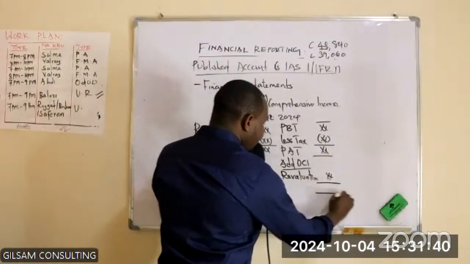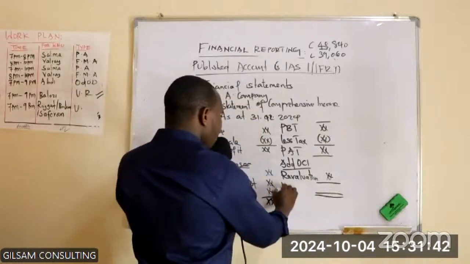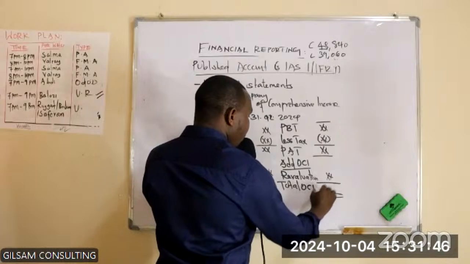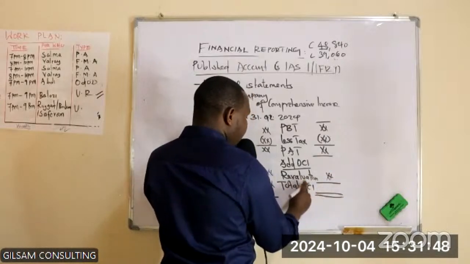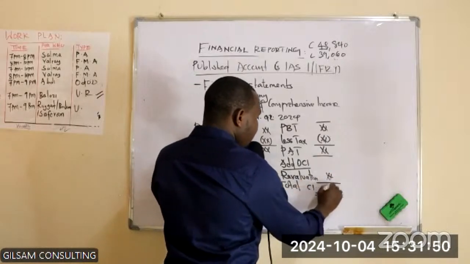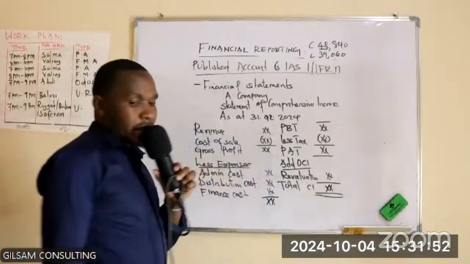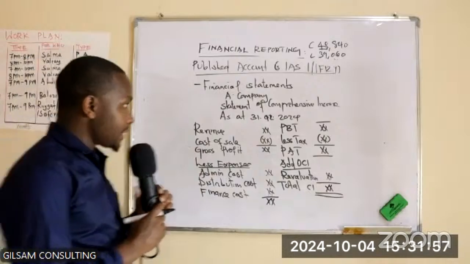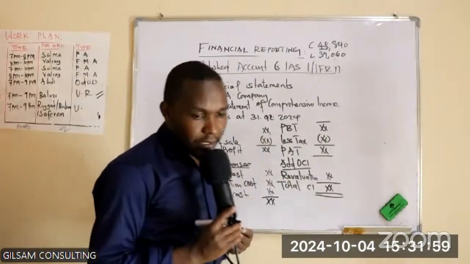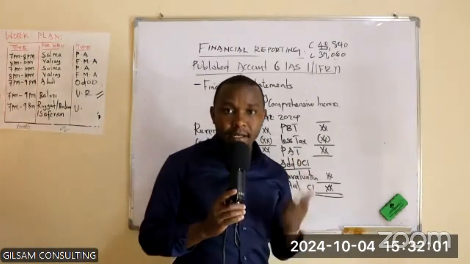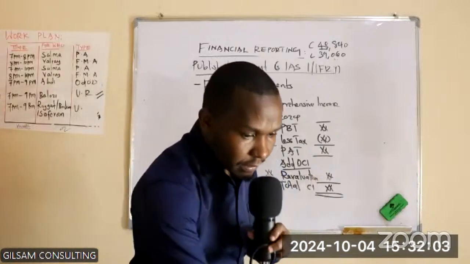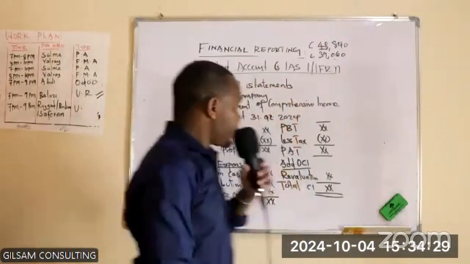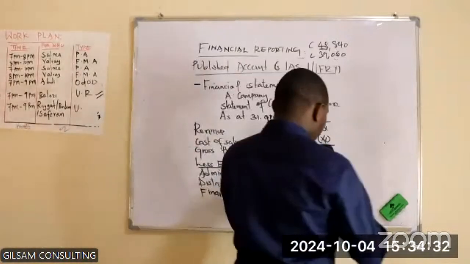So that we get the total comprehensive income. Once we have the format, then we can look at the illustration.